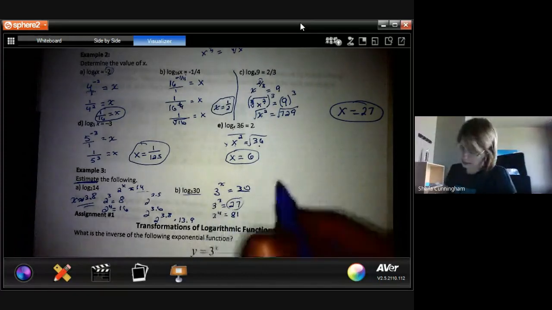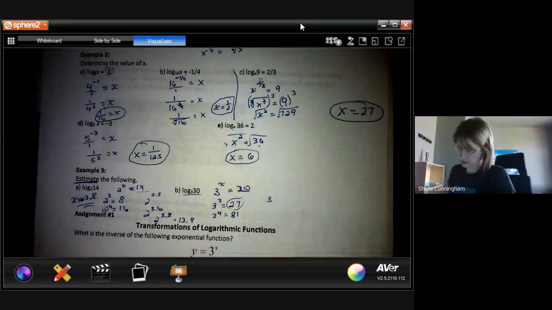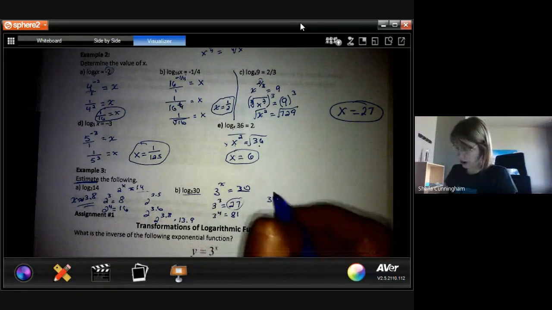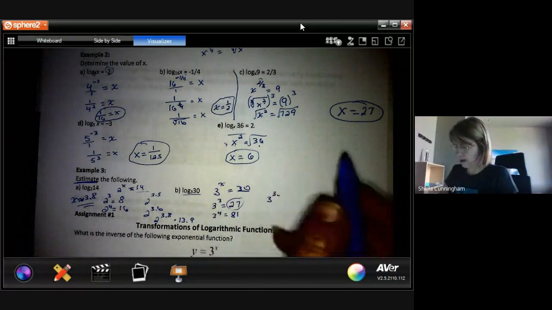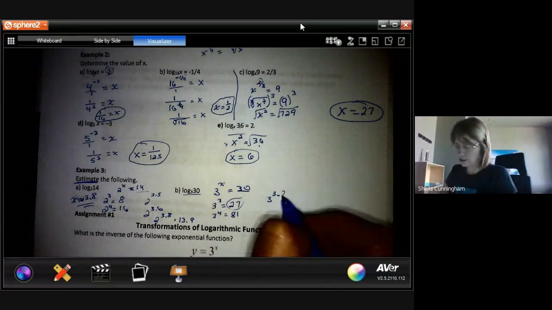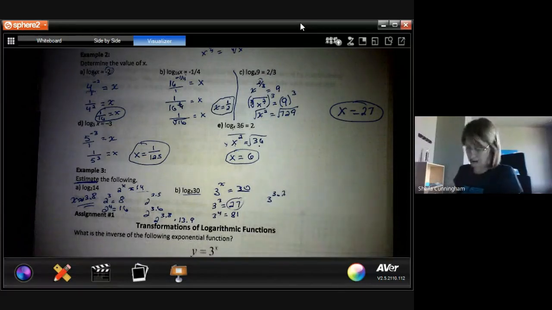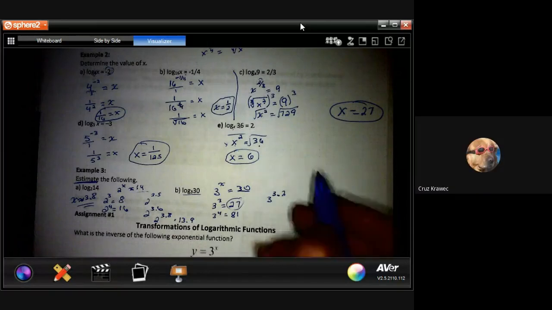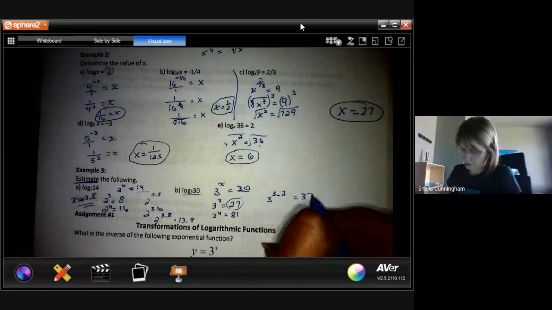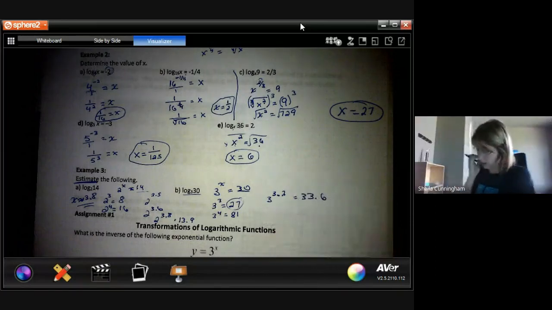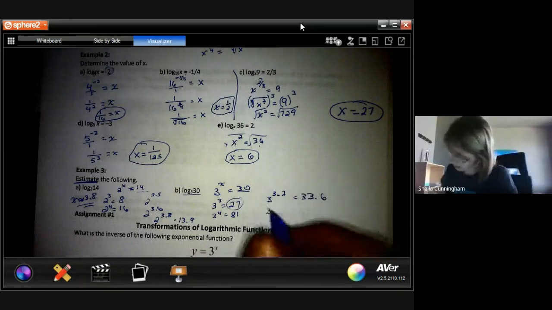So I'm guessing for an estimation, I might even pick 3 to the power of 3.8. Maybe it's 3.2. Maybe that's too high. Let's try it out. 3 to the power of 3.2 gives me 33.6. So we went too high on that one.